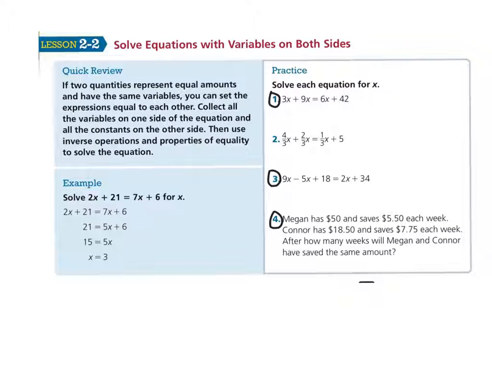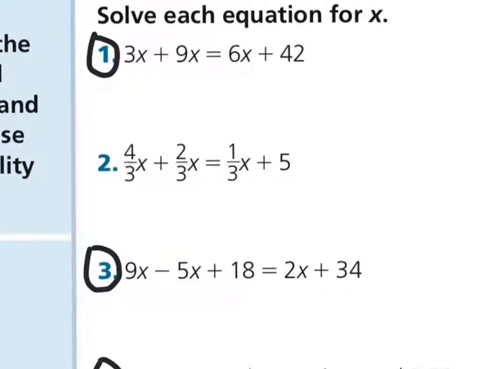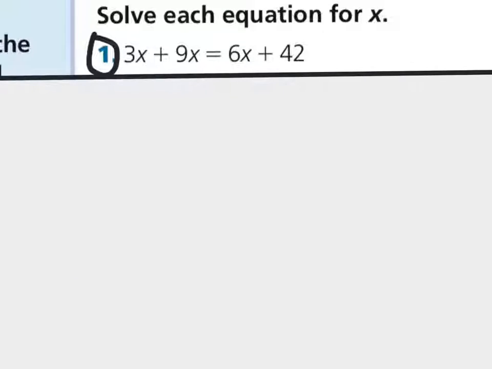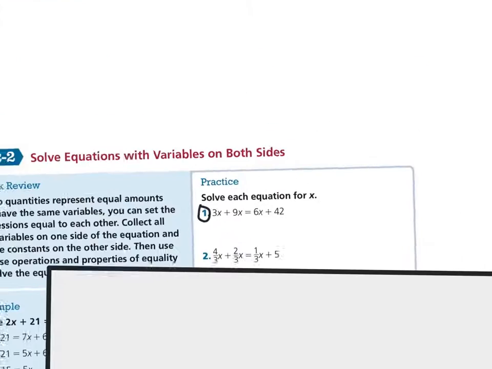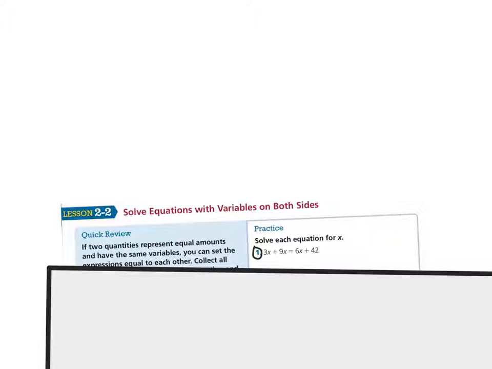Lesson 2.2. We're looking at problems where we have variables on both sides of the equations. So just remember the steps we talked about when you're solving these. So maybe before we look at this, you can remember D, C, V, C, then divide.